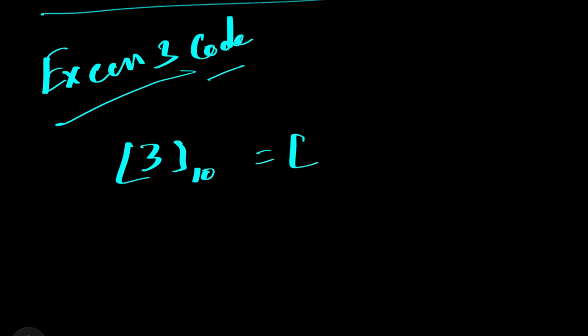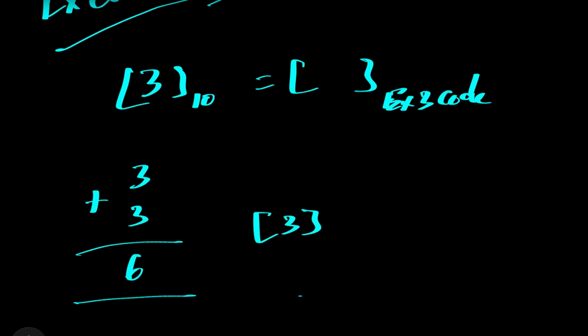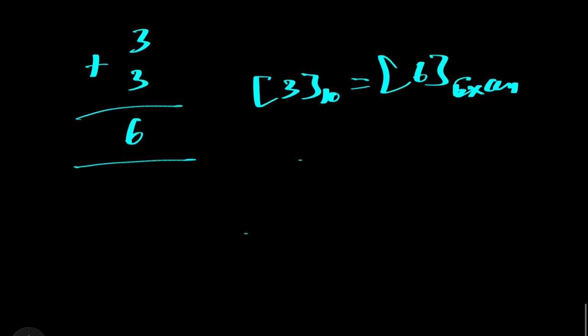Now we need this to be converted to XS3 code, right? So what we used to do, we just add 3 to the given number, that is 6. Now this 6 became the result of the XS3 code. It's simple, it's very obvious.